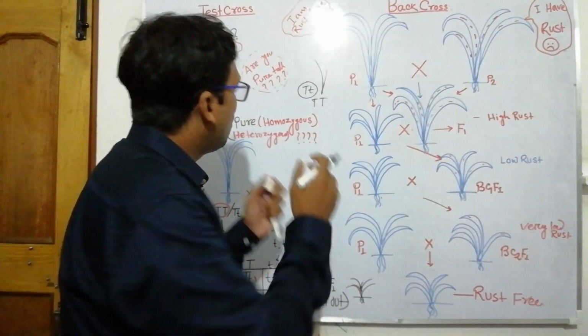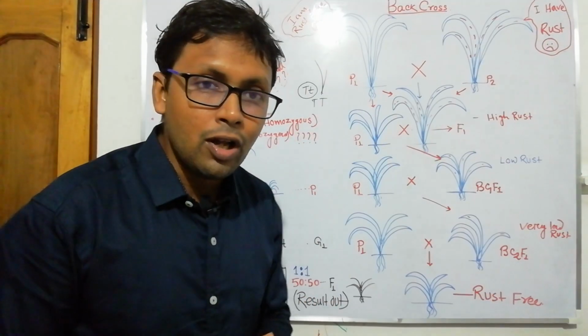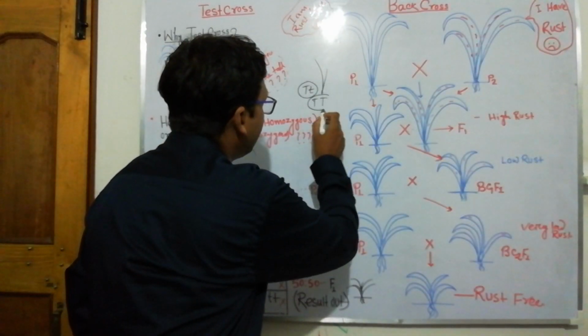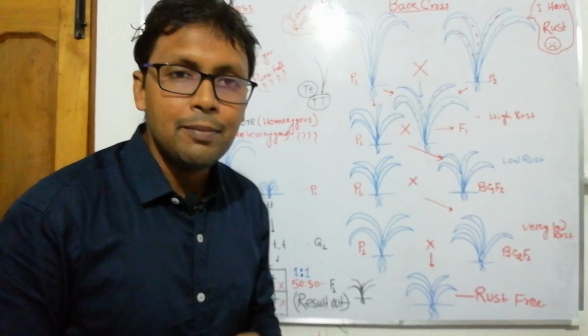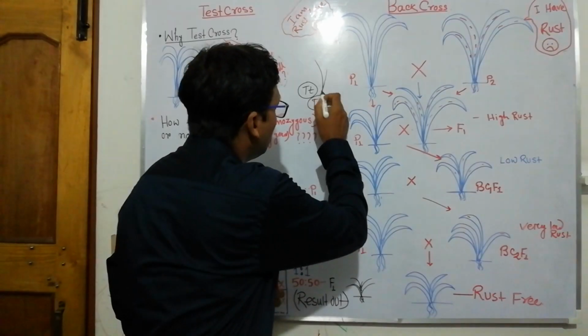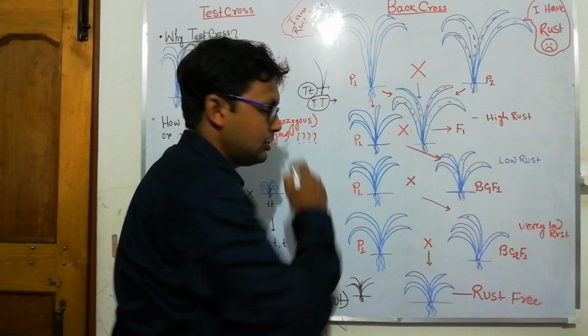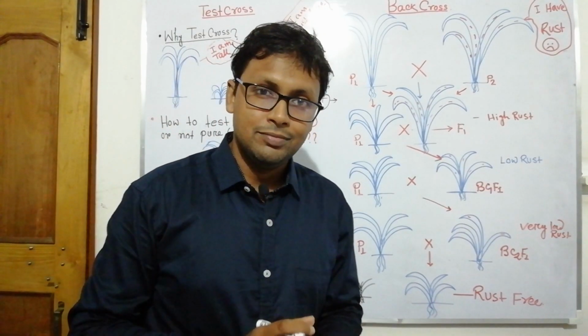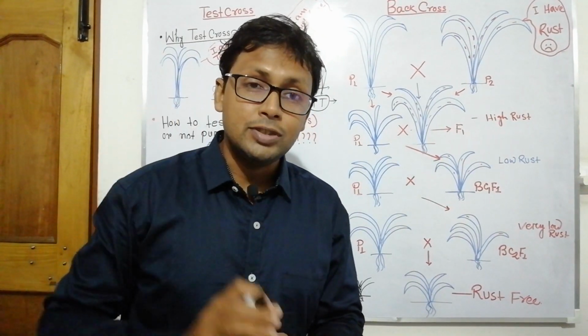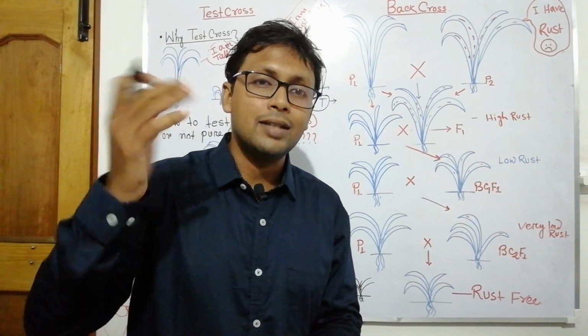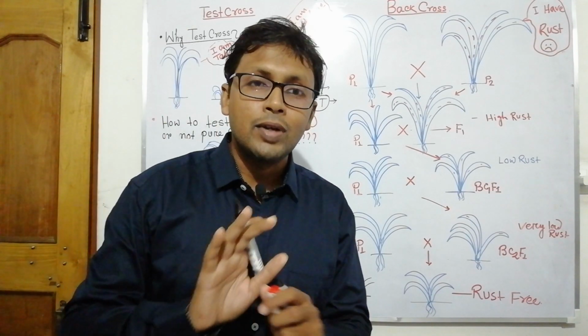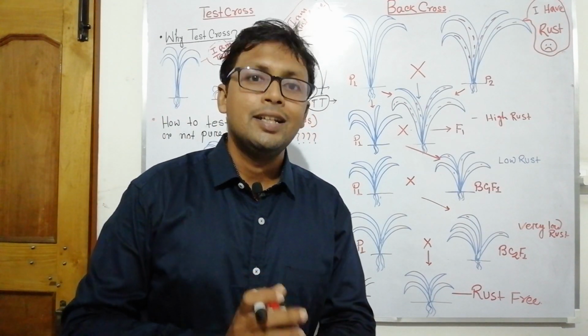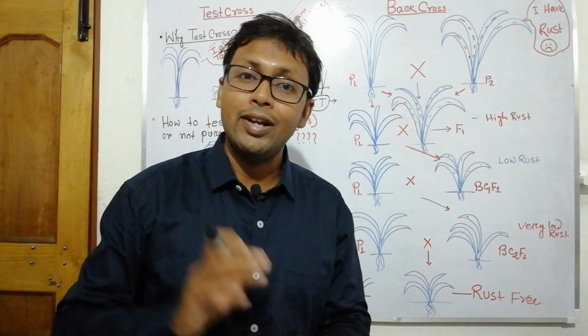So a tall plant is either pure tall, that is both are capital T, or hybrid, heterozygous. By seeing from outside, in a normal garden, a tall plant, you can't determine whether it is a homozygous tall or heterozygous tall.